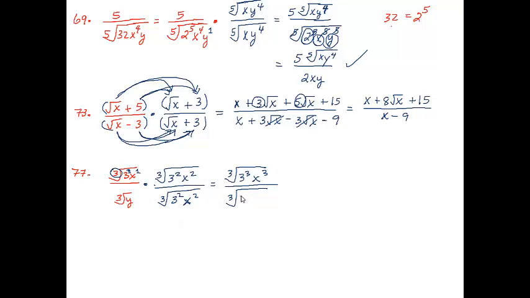And I have 3 squared, x squared, y. And then, of course, let's simplify. So since all of these are raised to the third power, they cancel with the cube root, and 3x comes on the outside. Divided by, well, can I clean this up down here? I cannot, so I leave it as the cube root of 9 x squared y.